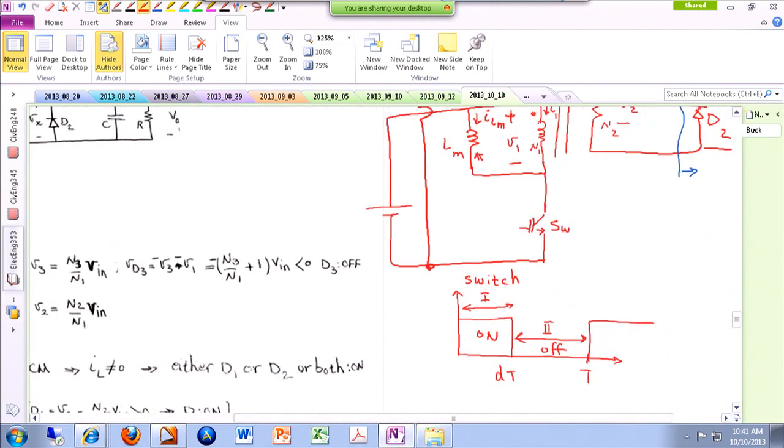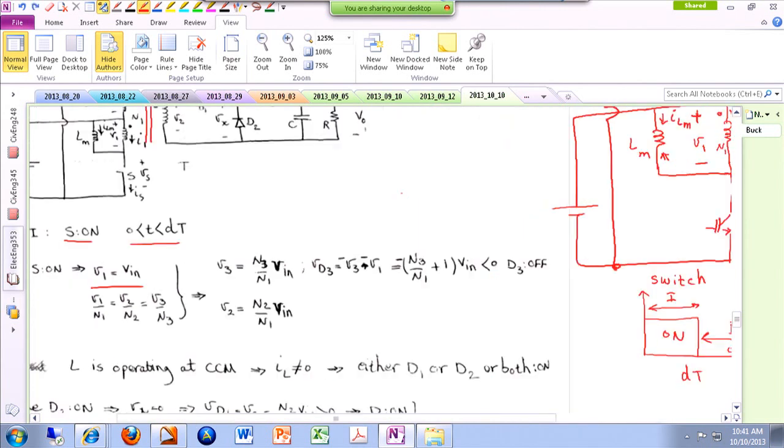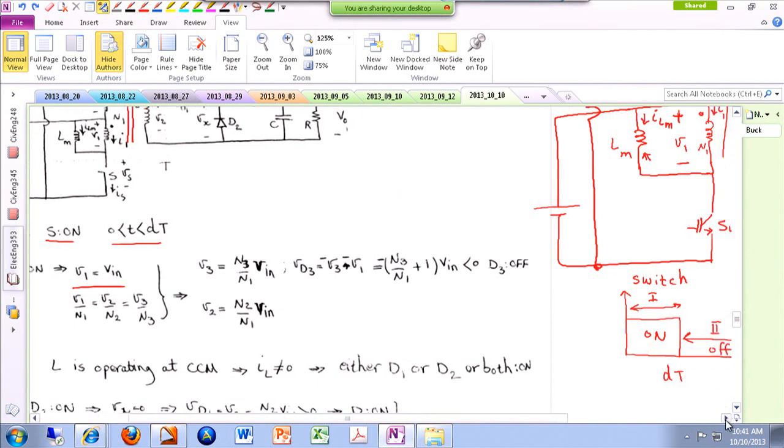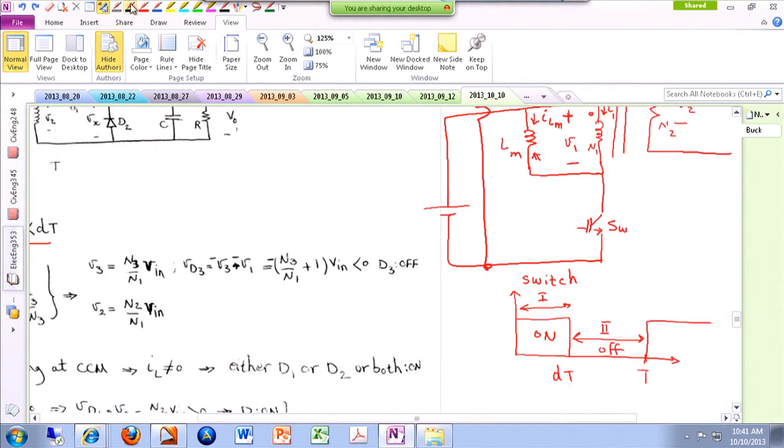When this switch is on, or shorted, if you look at this loop, which is closed now, you are applying the input voltage across winding number 1, which is V1.